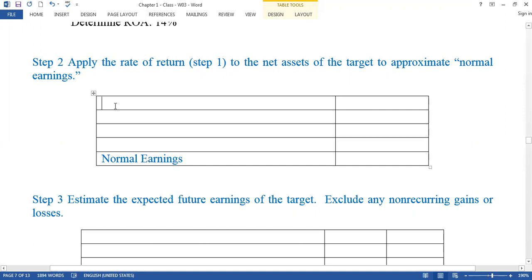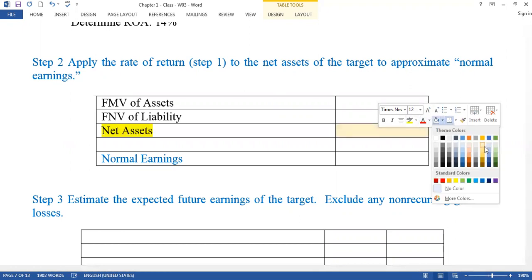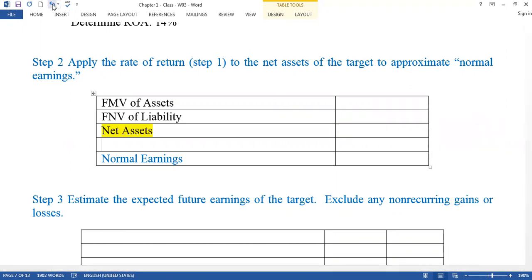To do so, we first need the fair market value of assets and the fair market value of liabilities. I told you that this information is given in the question, right? Based on this information, we have to calculate net assets. The net assets column is one of the important columns you have to remember, because we will use this amount in the future.